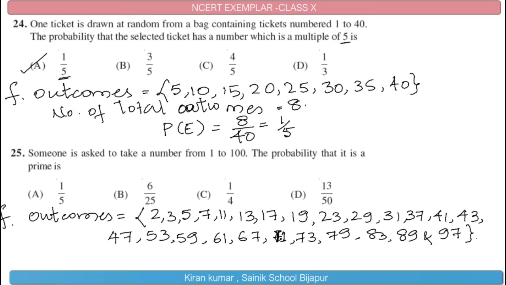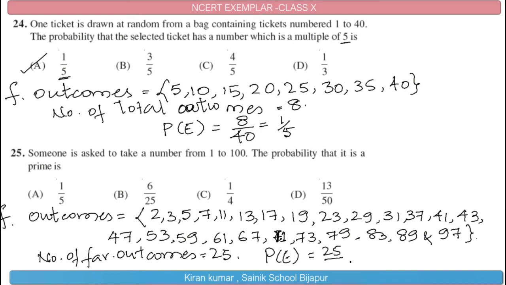If you count the numbers here, we get 25. So the probability of the event is 25 upon 100, which is 1 by 4. And this verifies option C as the right answer.